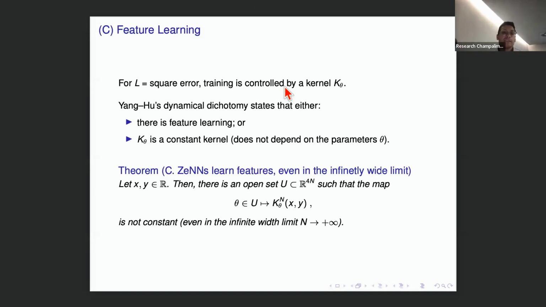Here we are using a probability distribution that is absolutely continuous with respect to the Lebesgue measure on R4n. What you can try to do is to pick a probability distribution that is not absolutely continuous with respect to the Lebesgue measure in R4n. And then you will maybe not have an open set in R4n. I don't know what the result would be, but that's what you could do to make a different statement. But it's a fairly reasonable assumption to make it absolutely continuous with respect to the Lebesgue measure in R4n.